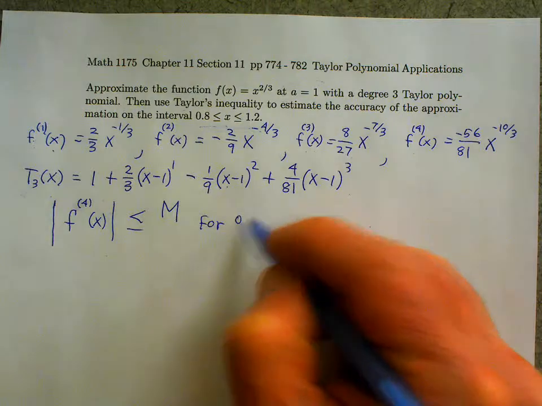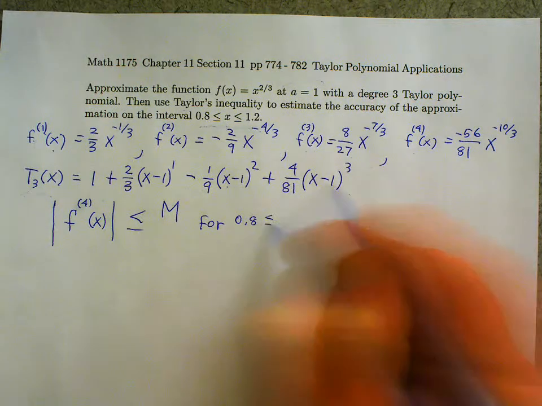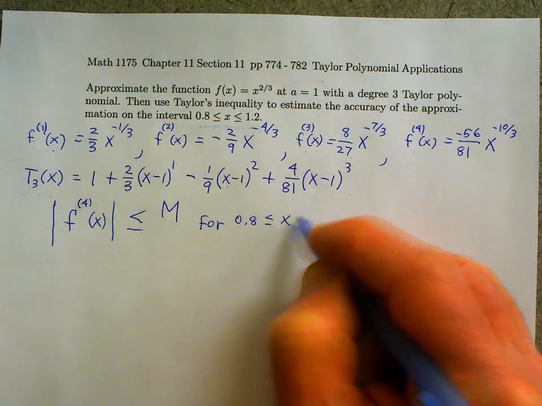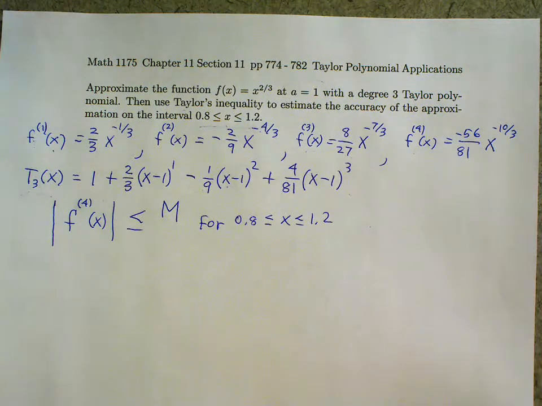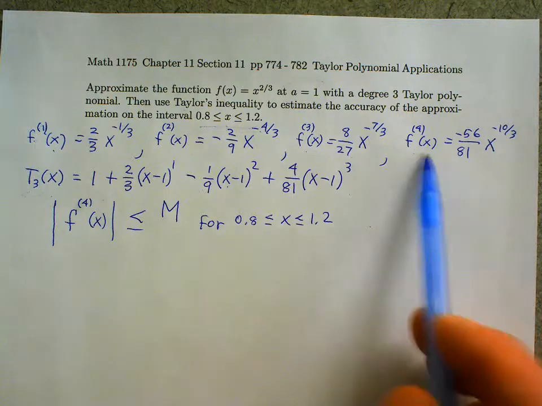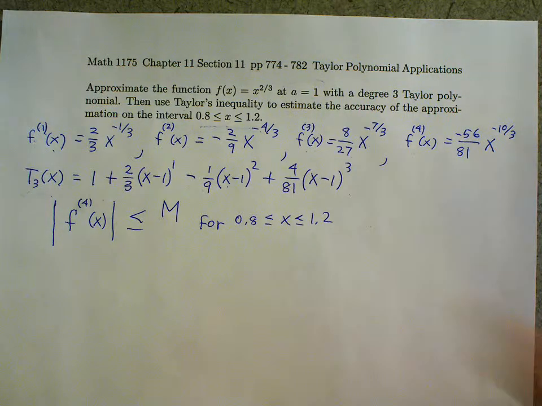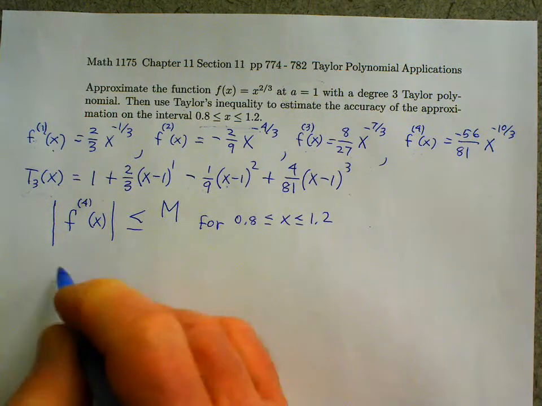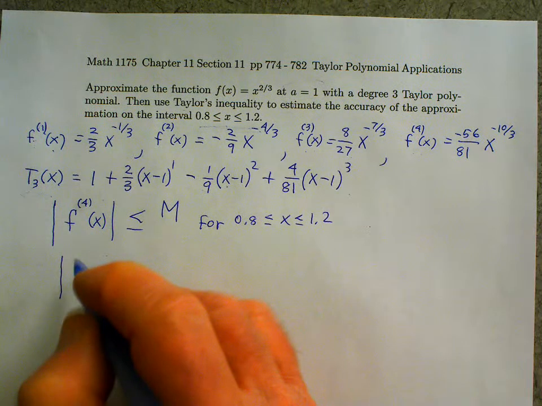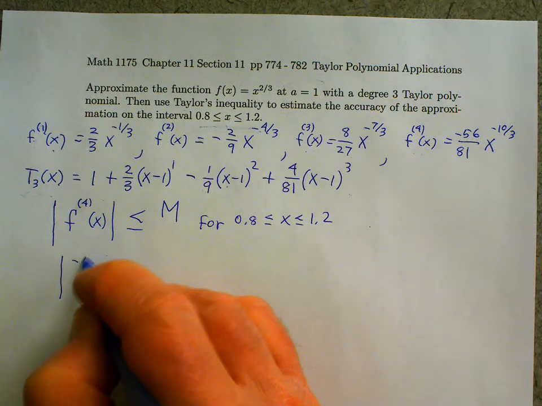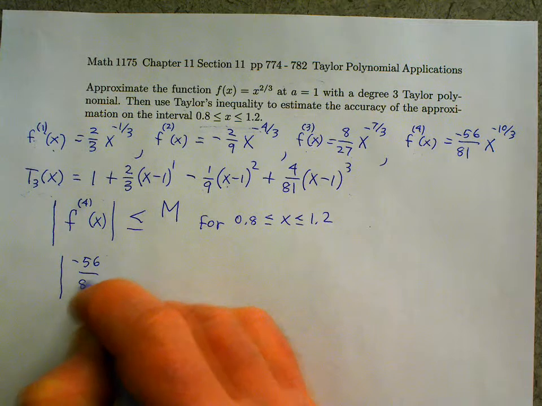For values of x that are in that interval from 0.8 to 1.2, well, we know what the fourth derivative is. So the absolute value of negative 56/81.